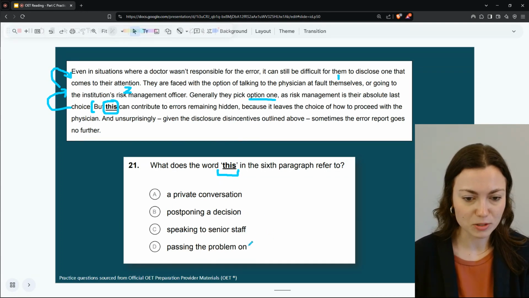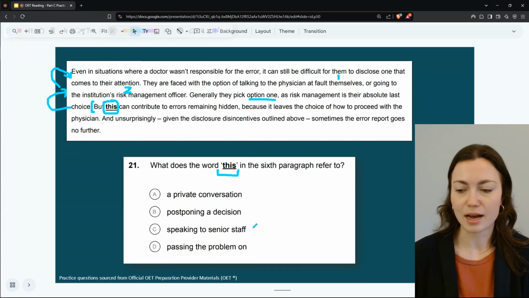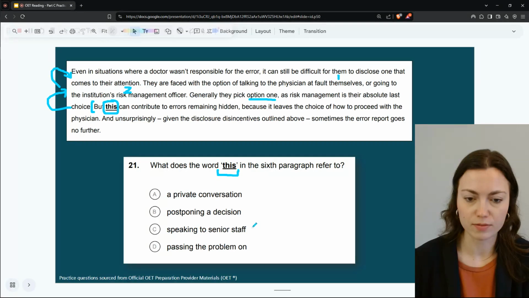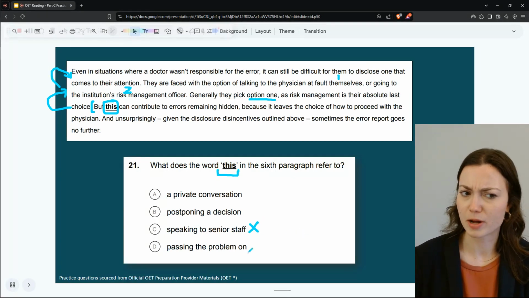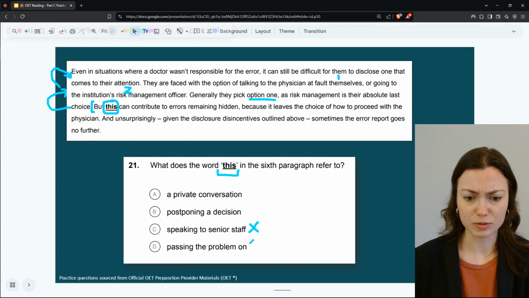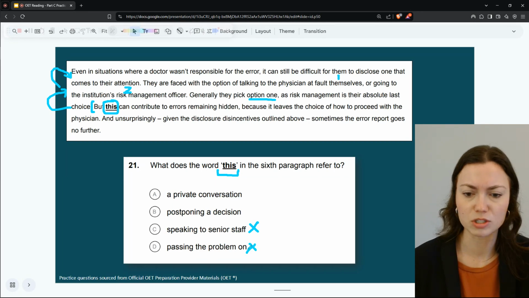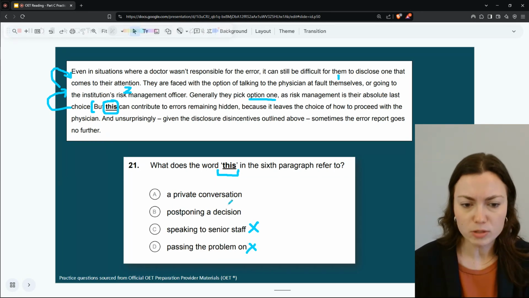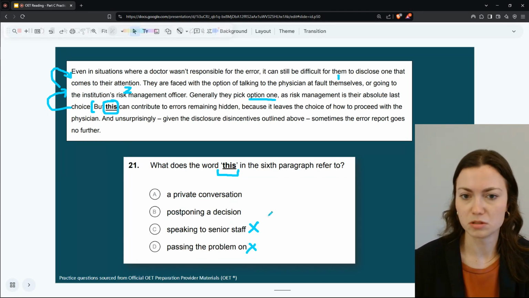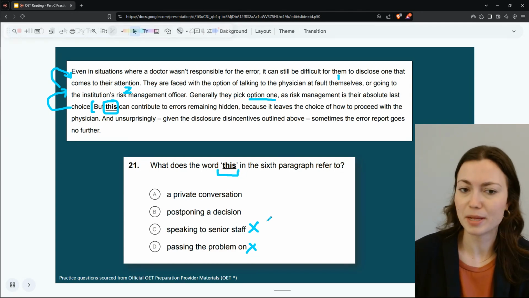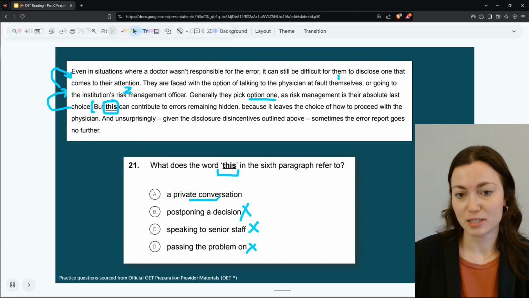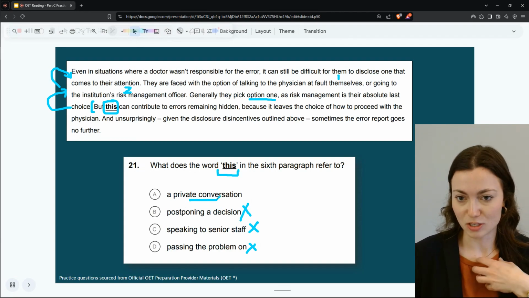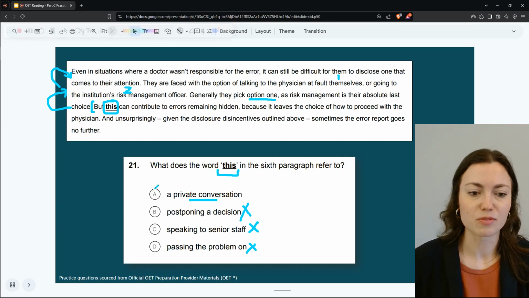And if we look at our options, speaking to senior staff, well, no, we're having a direct conversation with the physician at fault. Passing the problem on, no, right? We're talking directly to them. We're not going to the institution's risk management officer. Postponing a decision, no. I mean, it could happen immediately or later. We have no information there about when that happens. It's this private conversation, right, between you and this physician at fault.